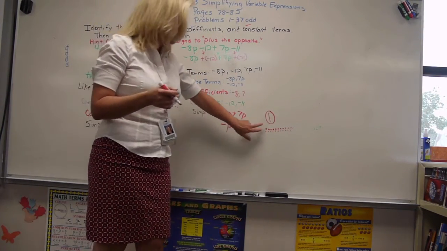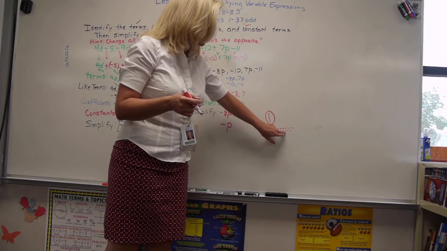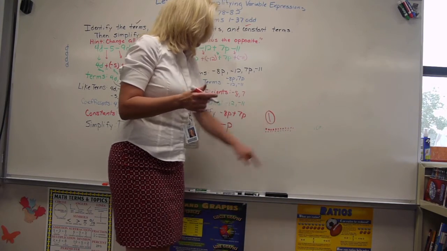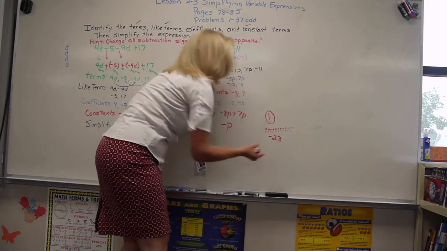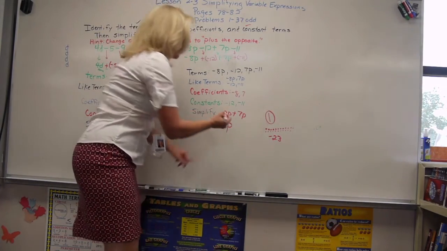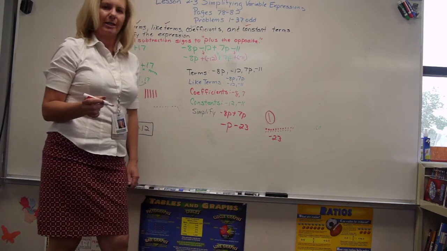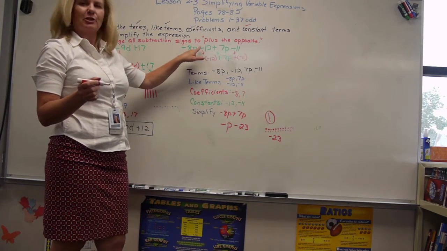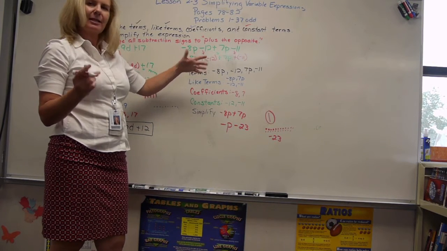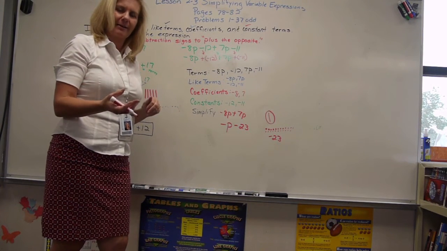So what do I have left? 2, 4, 6, 8, 10, 12, 14, 16, 18, 20, 22, 23. So I have 23 negatives. I can write that as minus 23 because they're all negatives. So the key for this is to make sure you change that minus to plus the opposite so you see whether a term is positive or negative.